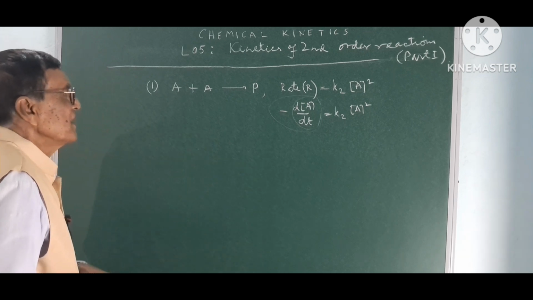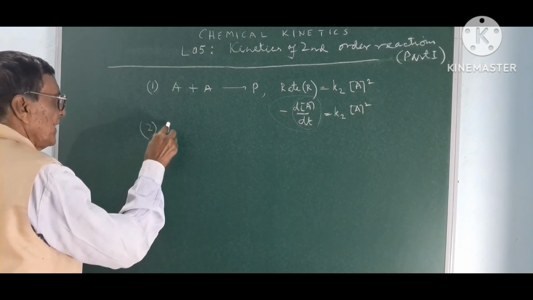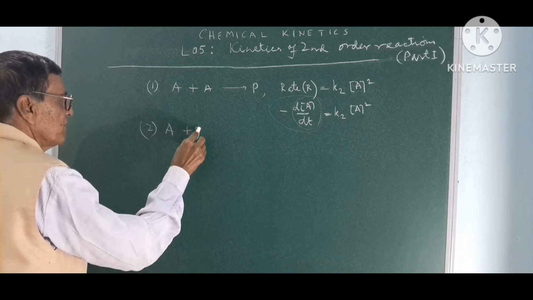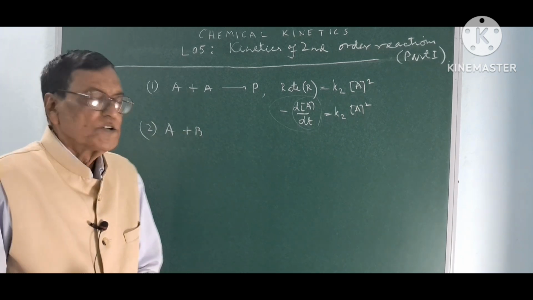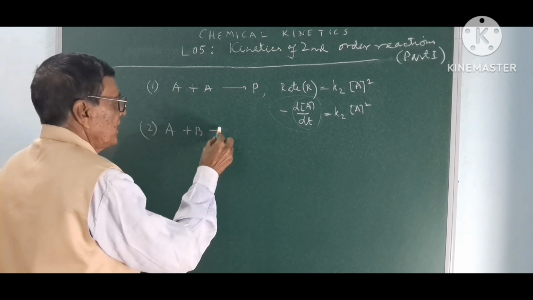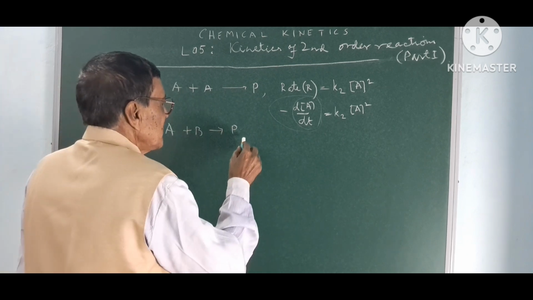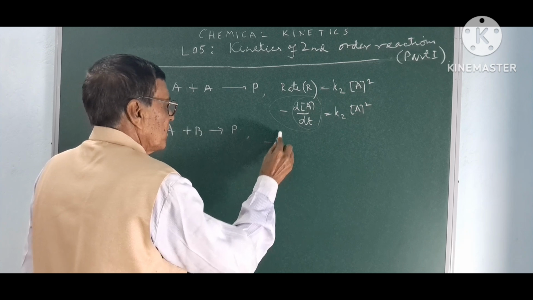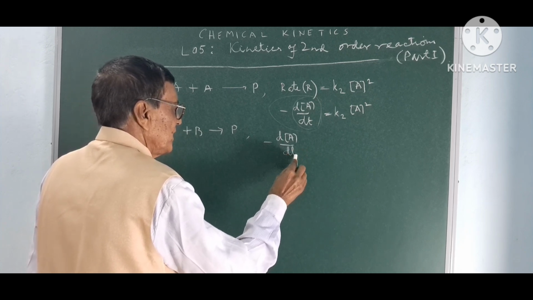Rate is positive. Another type may be there: A plus B, two different substances combining to give you the product P. In this reaction, we can also write the rate, dA by dt.